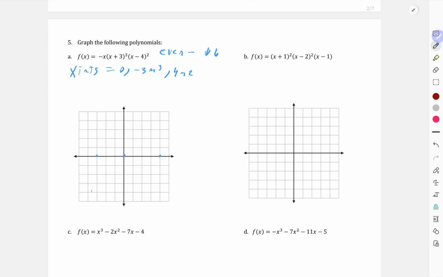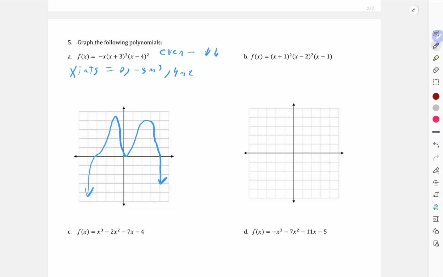Oop, that does not look good. You have to draw these really nicely. Wrong one. There we go. That is a negative even graph.